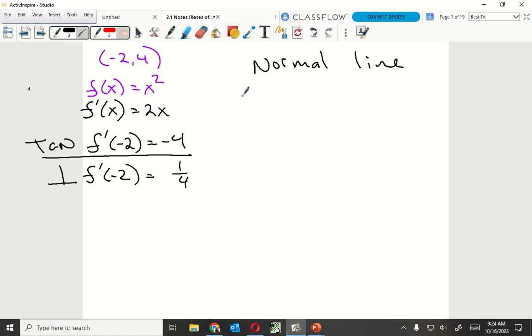The normal line would be y minus 4 equals 1 over 4 times x plus 2. I just plugged in my x and y, and I just plugged in my normal slope.